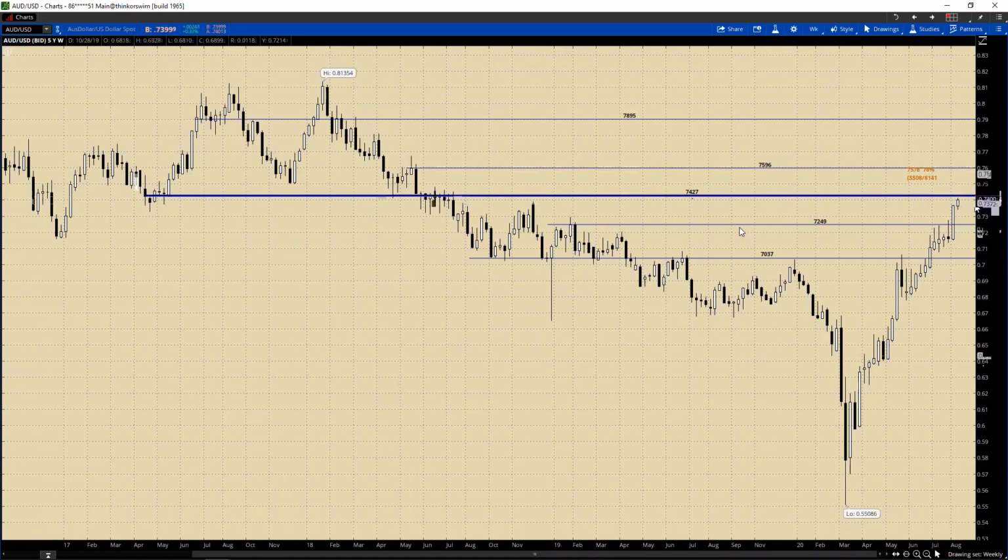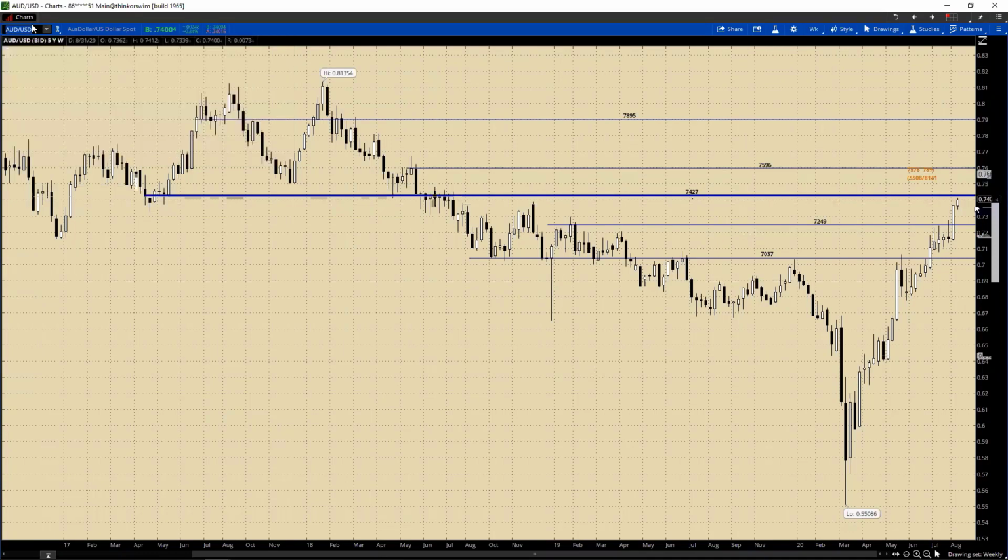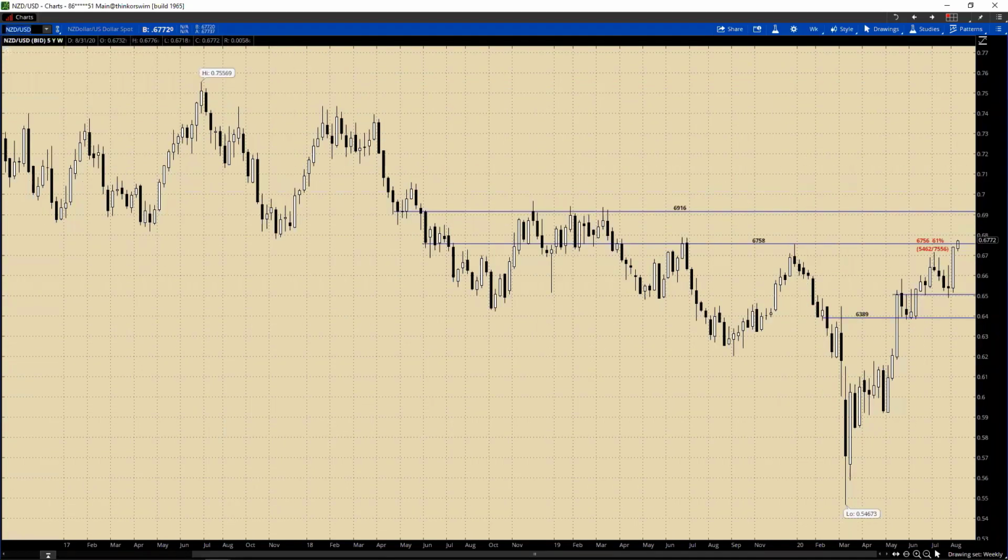Going into the Kiwi. We actually had 67.58 as the resistance, which you can see is in confluence with 67.56 of the 61%.